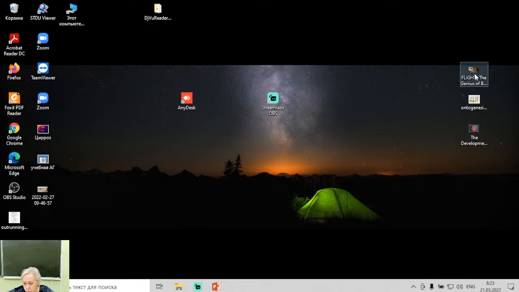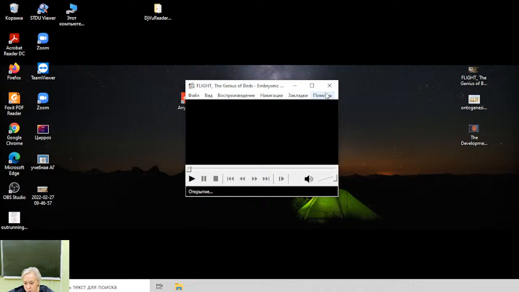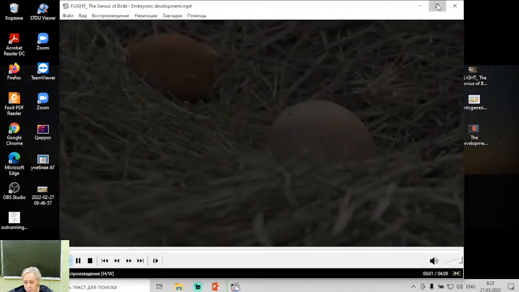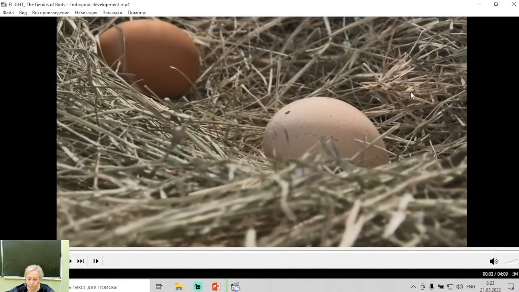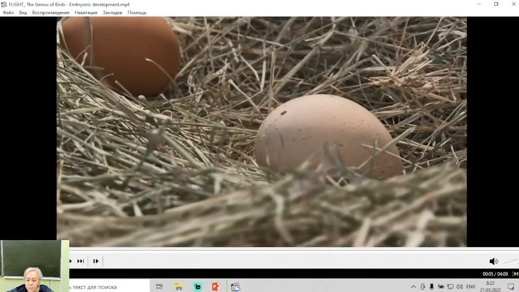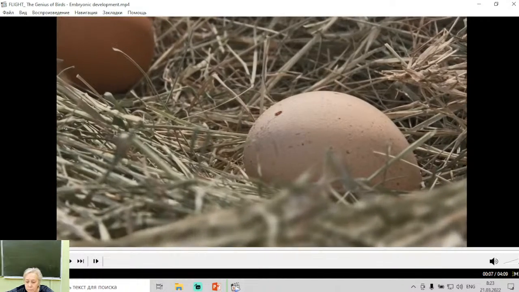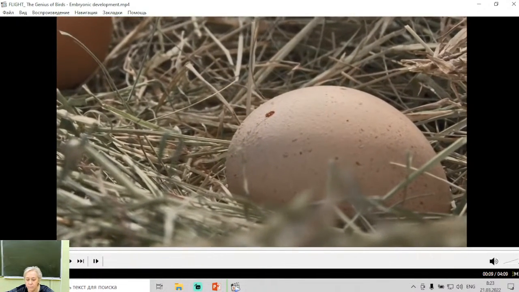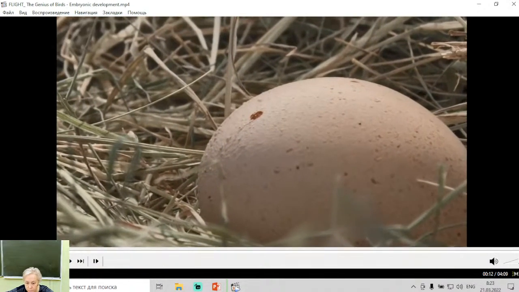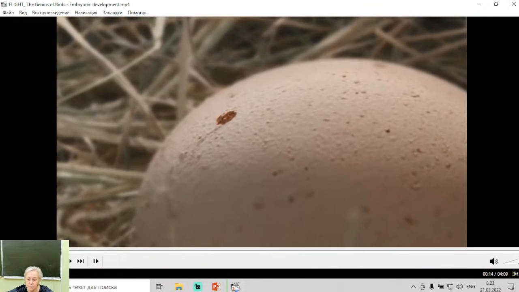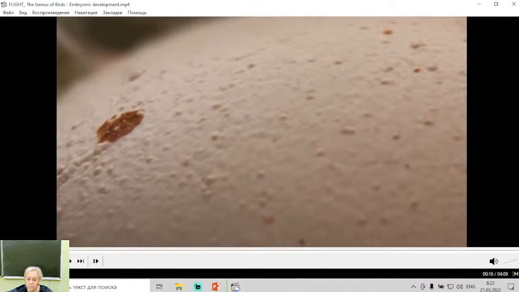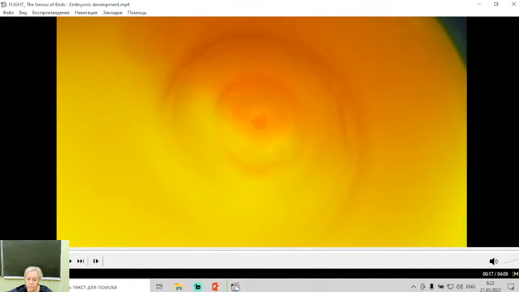And film about development of birds. The developmental process begins soon after fertilization and accelerates once the egg is laid, as thousands of cells rapidly multiply and organize inside the protective shell. In the early hours, you see the foundation for this organism that's coming later on being laid down.